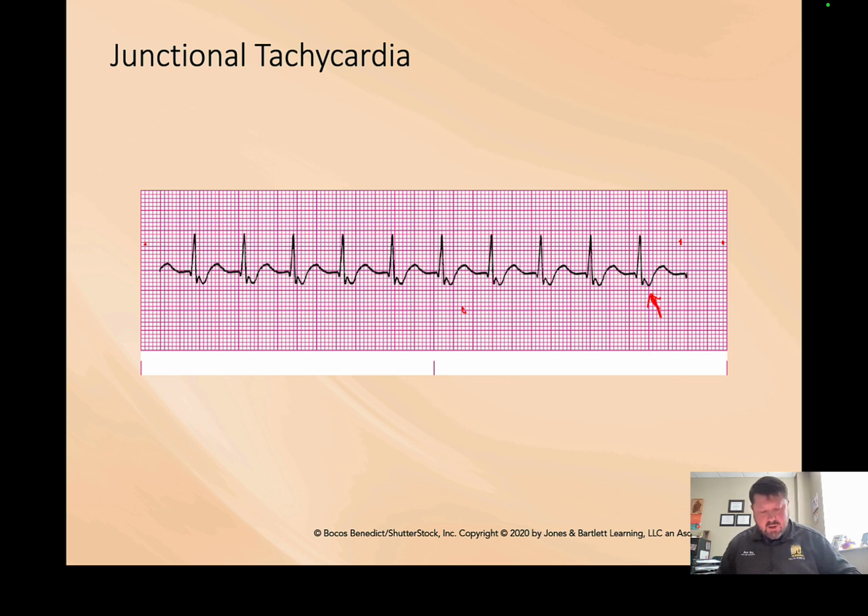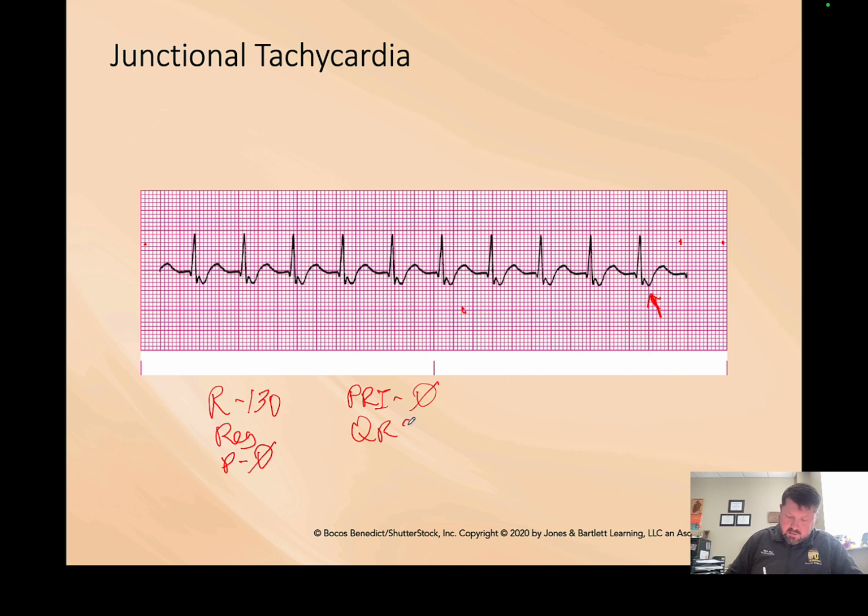So you've got a rate of 1, 2, 3, 4, 5, 6, 7, 8, 9, 10, 11, 12, 13. So you've got a rate of about 130. You've got a regular rhythm, no P wave, no PRI. I'm going to measure the QRS from here to right here, and that's 0.08 seconds.